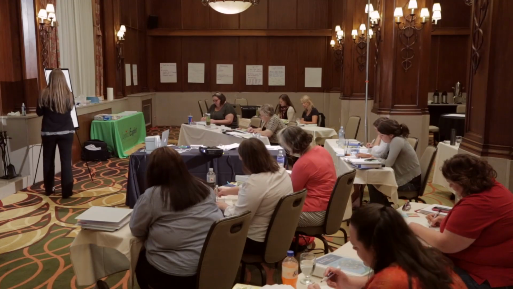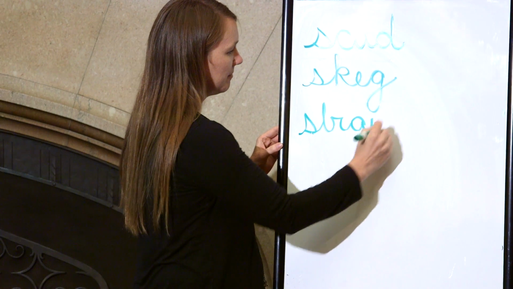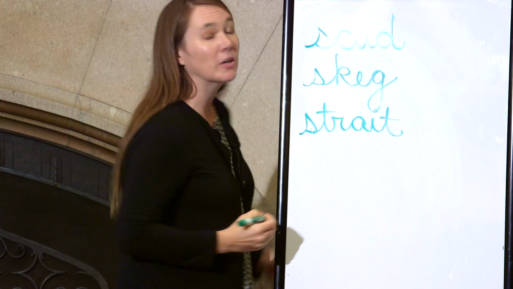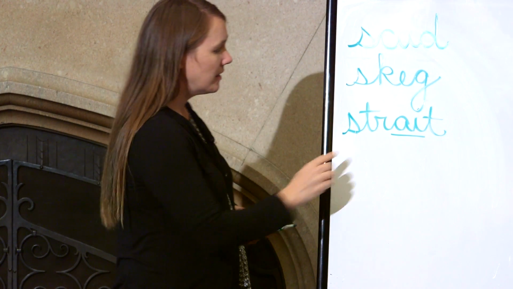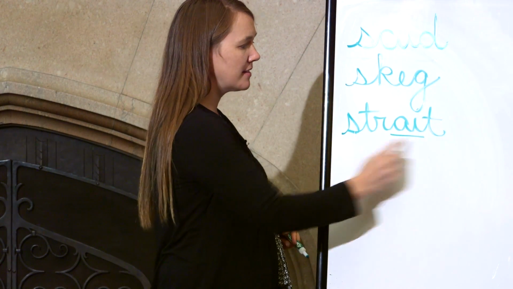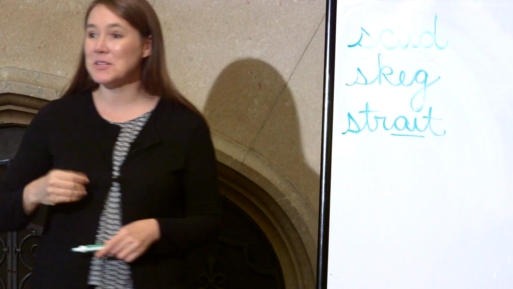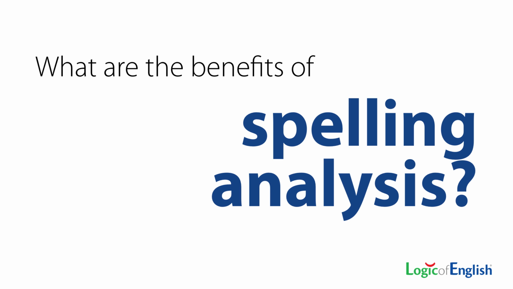Help me to write it. And how do we mark it? Two-letter A. Underline the A, two-letter A. Let's go ahead and read it. Straight. And what does straight spelled like this mean? Strict and rigorous. All right, so what are the benefits of spelling analysis?